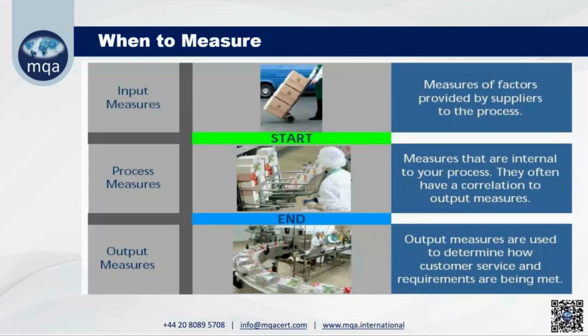Then output measure. Output measure is when we send the parts to the customer, so how customer service is being measured. In ISO, it is very important, and without that no ISO audit happens. We have to have customer feedback.